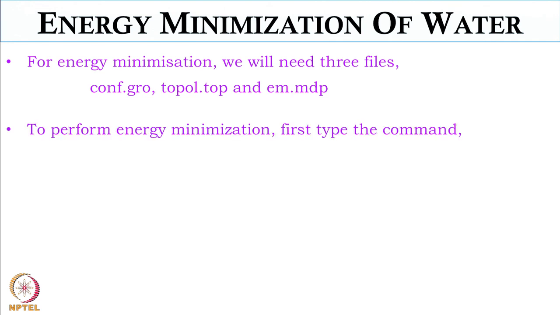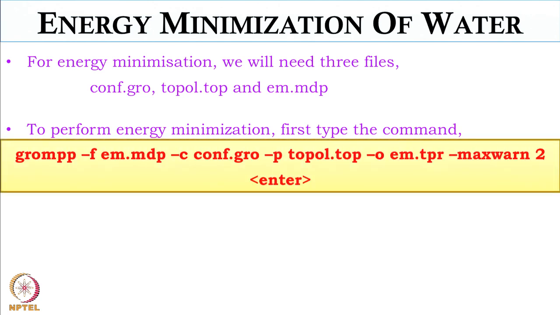To perform energy minimization, first we have to generate a TPR file using the command grompp: grompp -f em.mdp -c conf.gro -p topol.top -o em.tpr -maxwarn 2. It will generate a TPR file em.tpr, which will contain information about the MDP file, GRO file, and topol file, and it will be the input for the MD run.